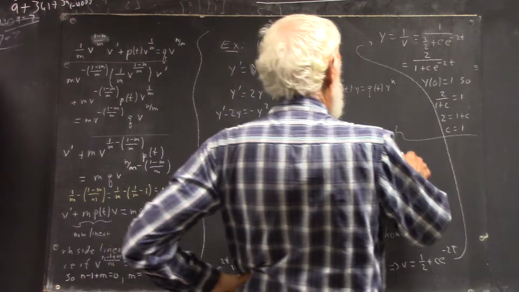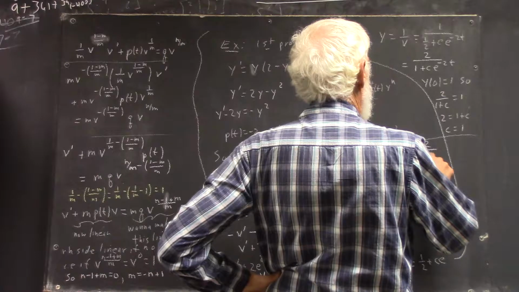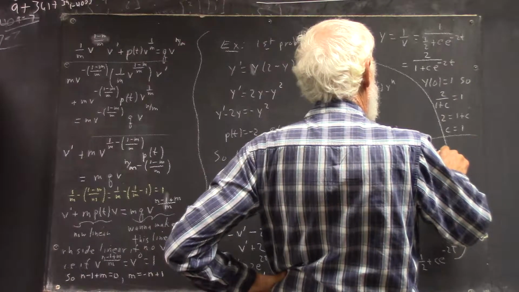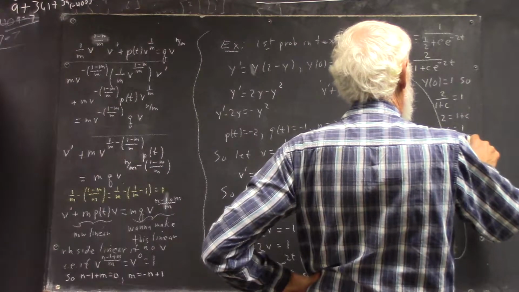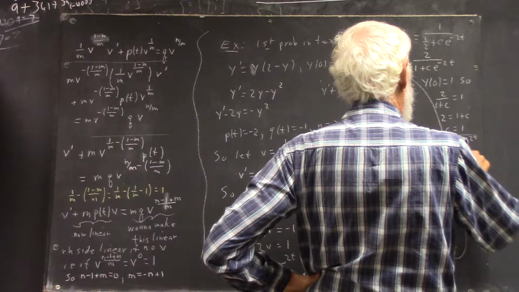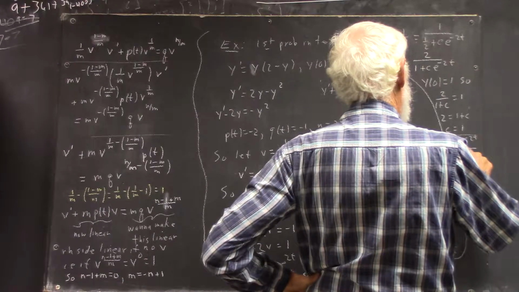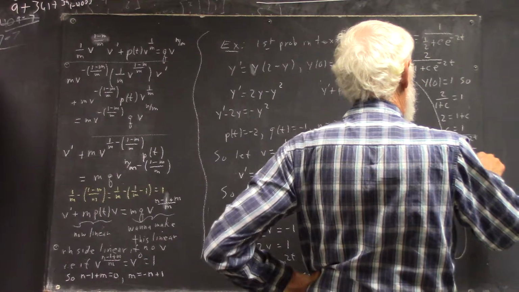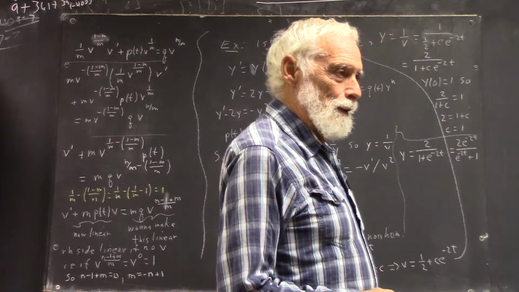So Y, and I'll just note that that's 2e to the negative 2t over e to the negative 2t plus 1, which might or might not be an advantage.